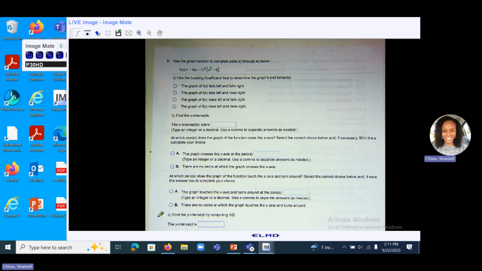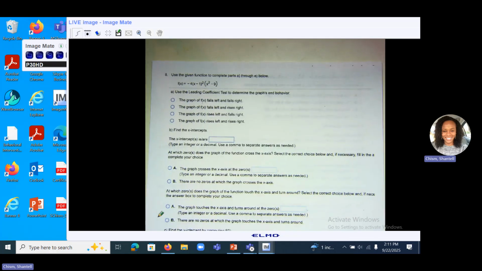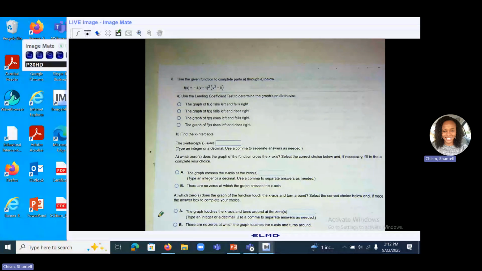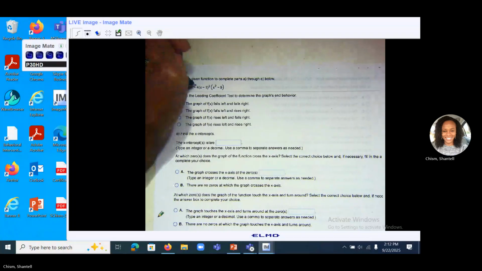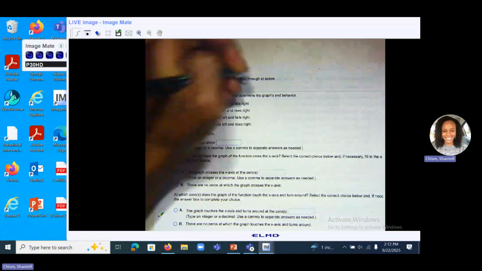So for part A, yeah, this is part A, this is number 8. All right, so we're going to say for this one that the graph falls to the left and falls to the right. Here's why. The leading coefficient is going to be negative, and the degree is even.